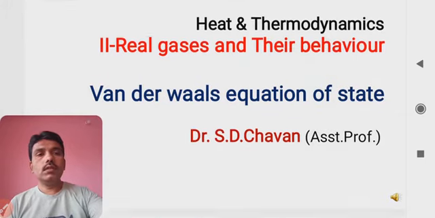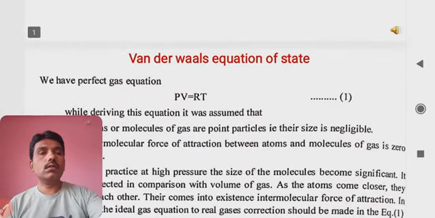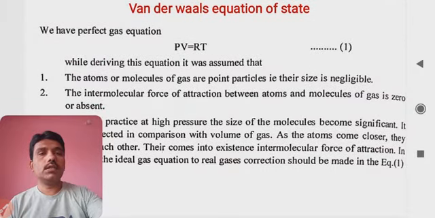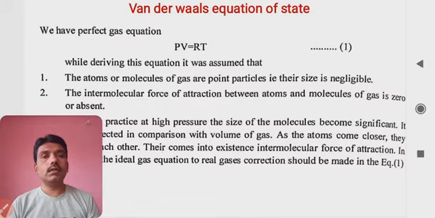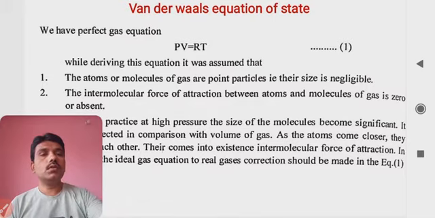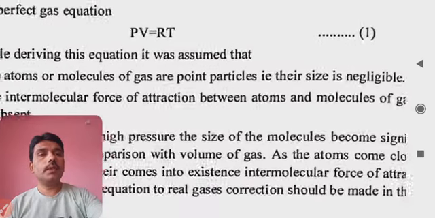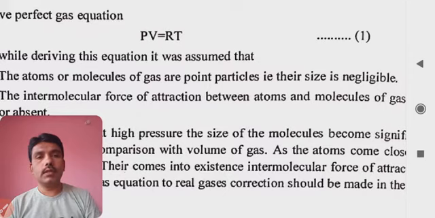So when this perfect gas relation, PV is equal to RT, is considered, two things are neglected or assumed: that the atoms or molecules of the gas are point particles and their size is negligible.